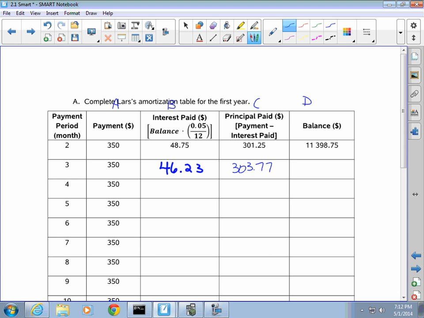So you can see he's paying a little bit more on the balance of the loan because he's paid off a little bit of it already, so he's got less to pay interest on. So his balance then is going to be 10,792.48. So this column, your D, is equal to your previous balance minus your principal paid.